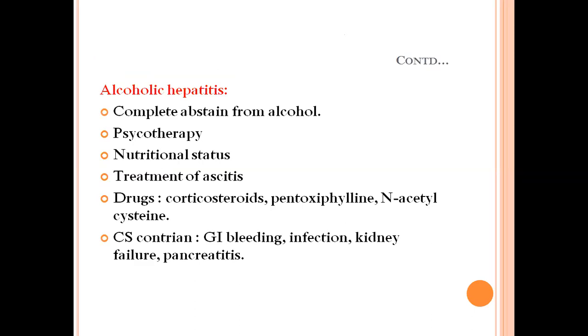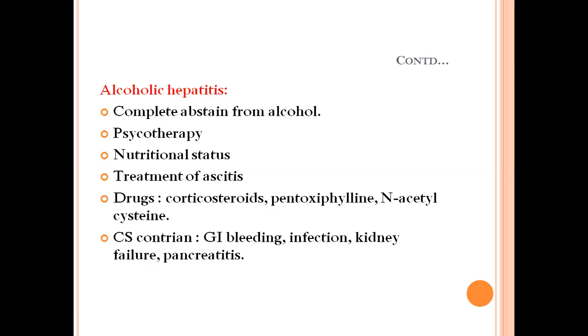There should be treatment of ascites if it happens. Then there should be treatment of hepatic encephalopathy and other infections if present, as these infections are very common in advanced stages of hepatitis. Certain drugs are also used like corticosteroids, pentoxifylline, and acetylcysteine.